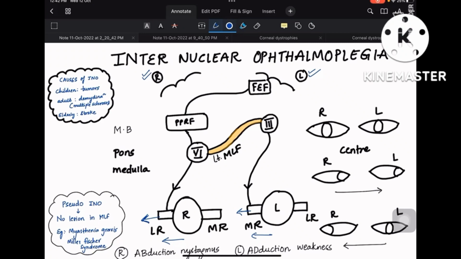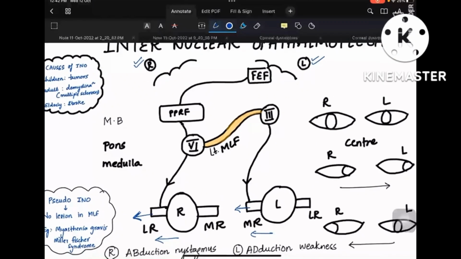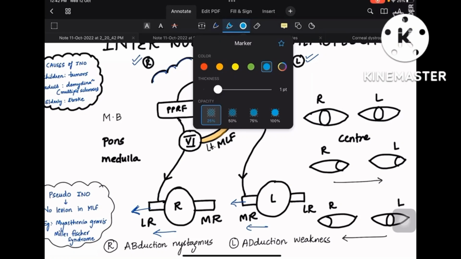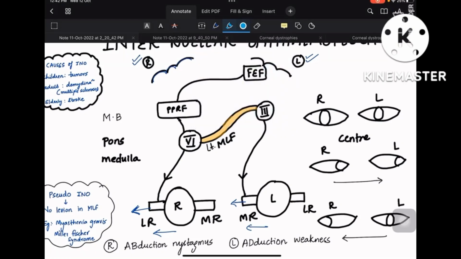In order to have this movement conjugately, smoothly, you should have a pathway which keeps both movements intact. That is the MLF. Firstly, try to understand that this is the brain cortex, the cerebral cortex, in which you have the frontal eye field.